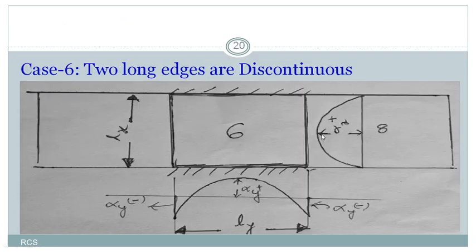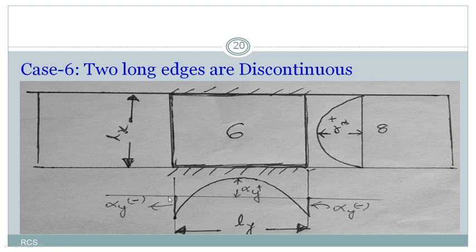So see this, panel number 6, and these two edges are discontinuous, right? Two long edges are discontinuous and the short edges are continuous here, right? If we draw the bending moment diagram for this longer edge, see this longer edge is like this, and the short edges are continuous, so the bending moment diagram will be like this.